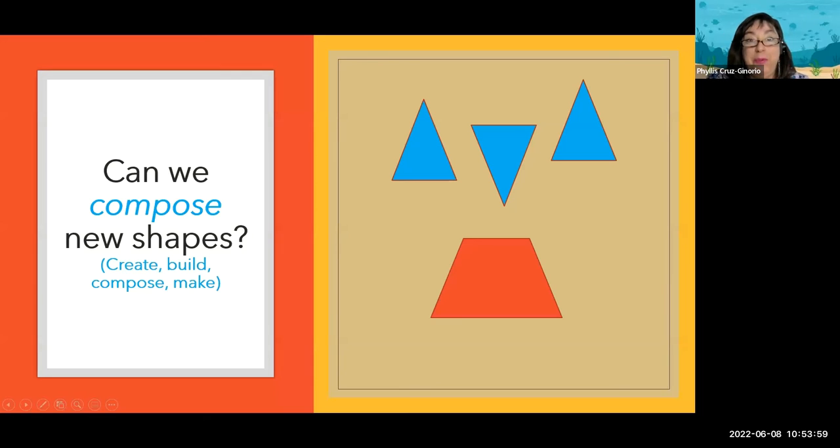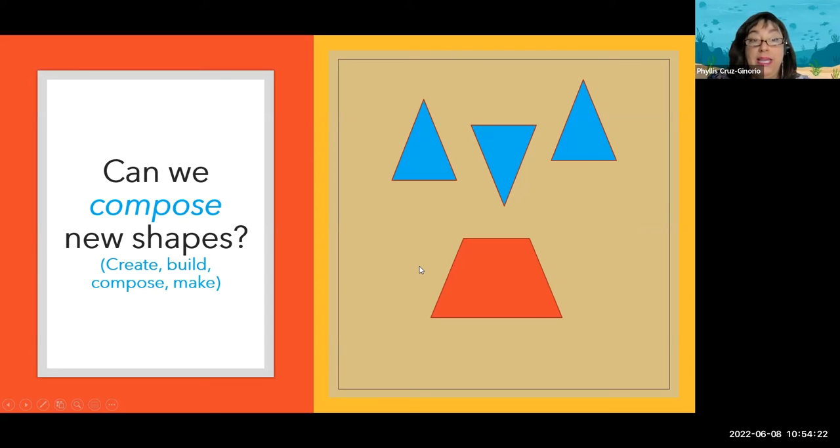We talked about what we can do with shapes. And one of the things we can do with shapes is compose new shapes. That's interesting. Do you mean that I could use, like a puzzle, shapes, put them together, and make a new shape? Do you think so?